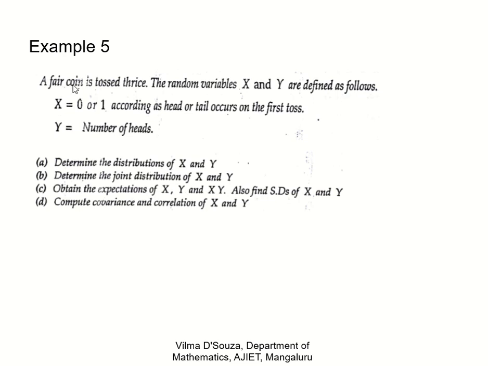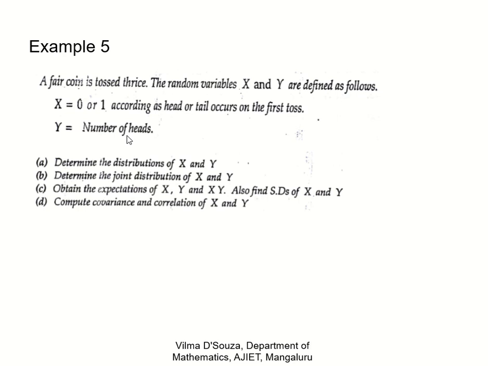You are tossing a fair coin thrice, and X is defined as X equal to 0 if the head occurs on the first toss, and X equal to 1 if the tail occurs on the first toss, and Y gives you the number of heads while tossing a coin thrice.